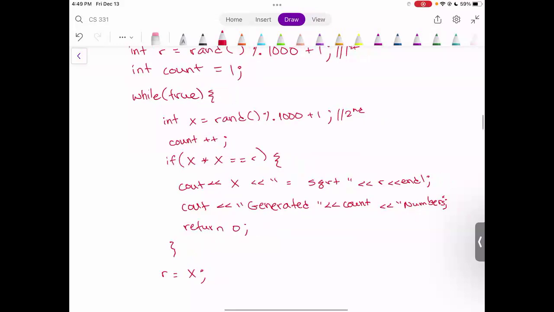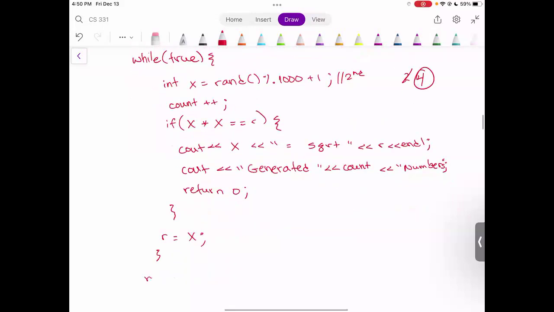So if the first one is 1 and the second one is 2, this becomes 2, and this can become 4. This becomes 4, and this might become 4 again. We don't know. That's the only difference here. And then we end the entire program.